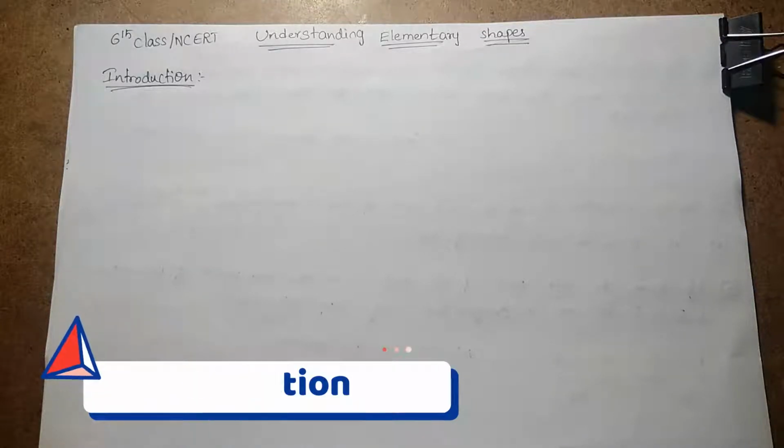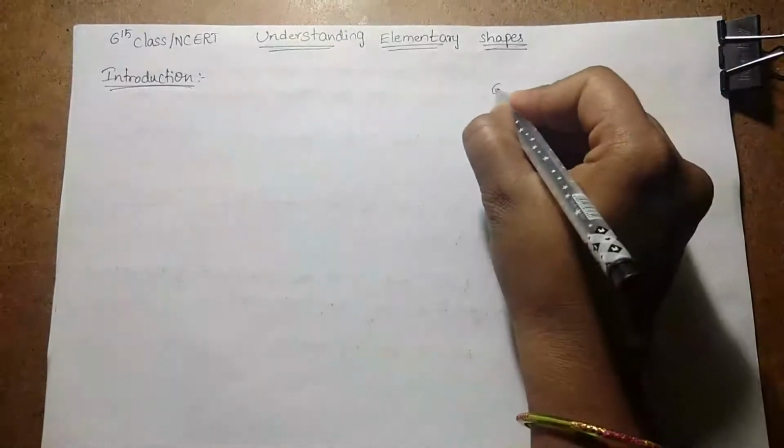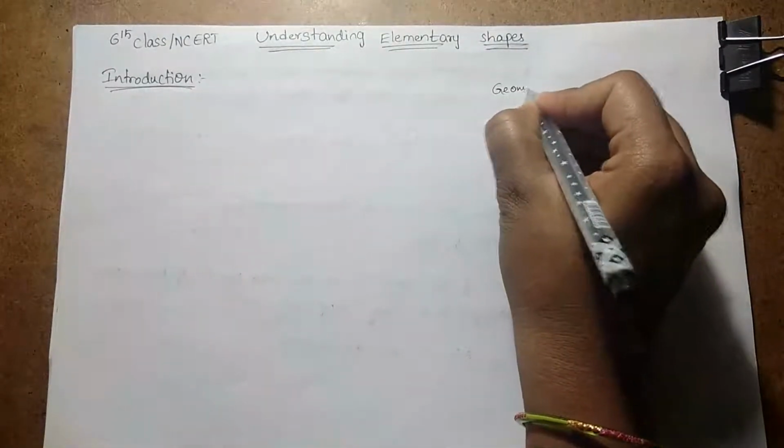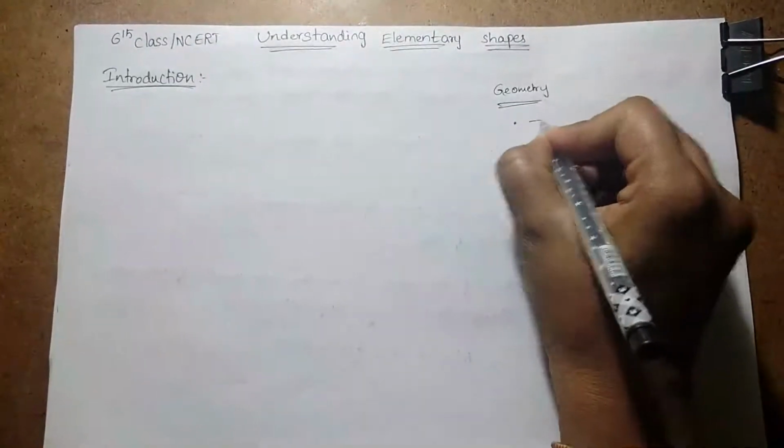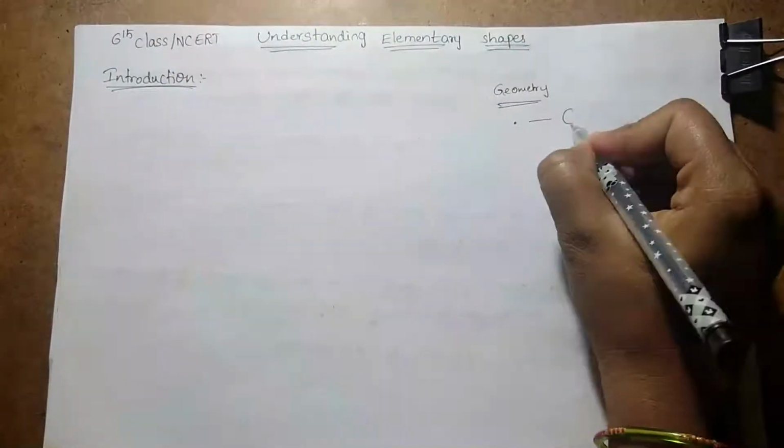Before going into the introduction, we have to know about elementary shapes. What are elementary shapes? In geometry, we have everything from a point to a line and to a circle.